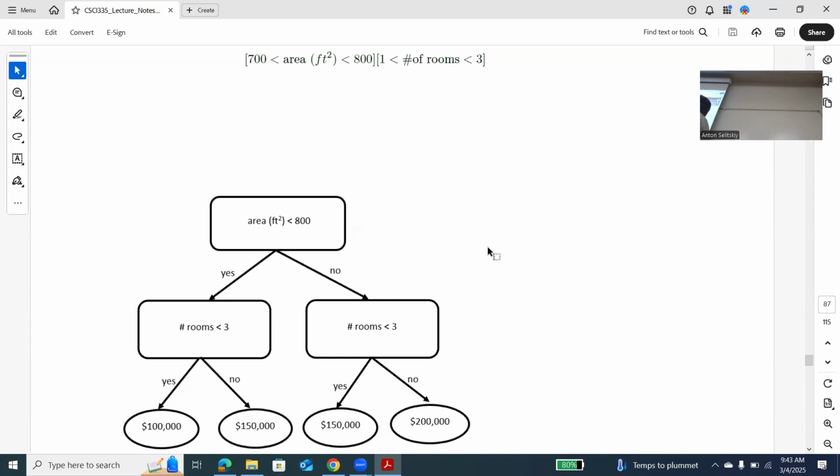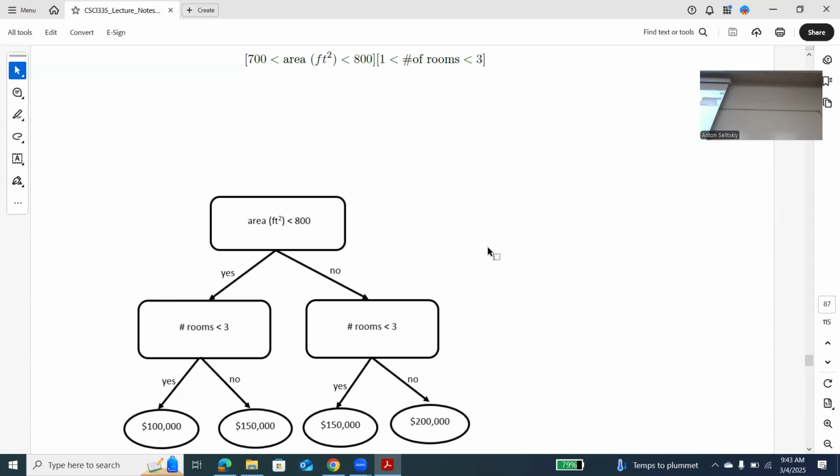And we can set some rules for our classification model. For example, that the area, in my case here, is smaller than 800 square feet or greater. So if our apartment has smaller area, then we go along this branch.